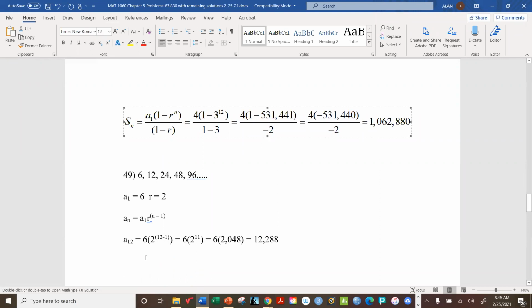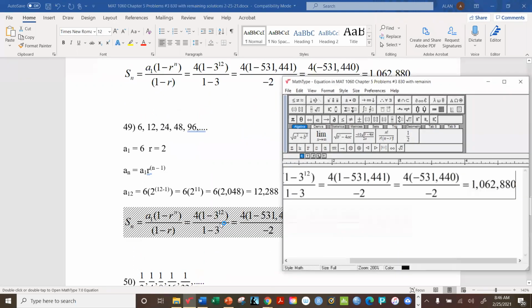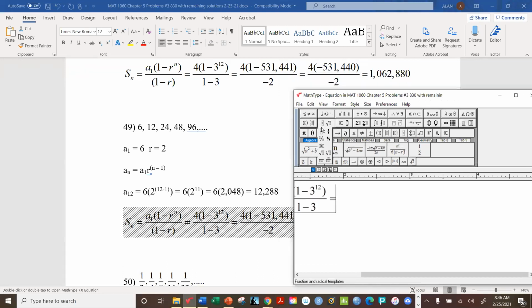Let me just borrow this formula for a second. Okay, so for this formula, we need, on the numerator, we have A1, which is 6. 1 minus the common ratio of 2 raised to the 12th power. And then in the denominator, we have 1 minus r. There we go.